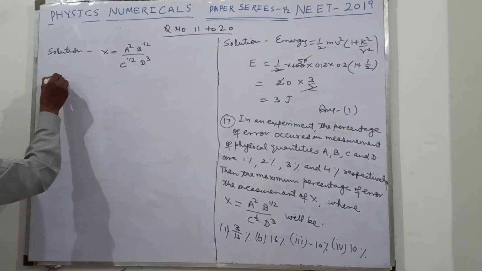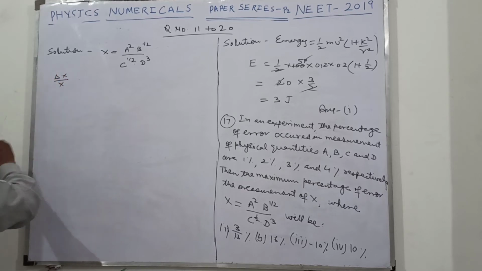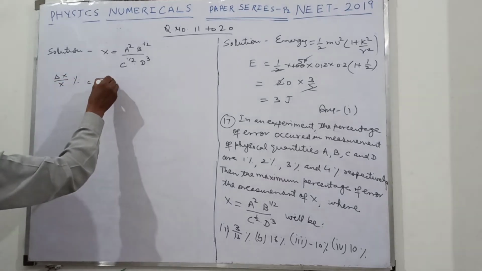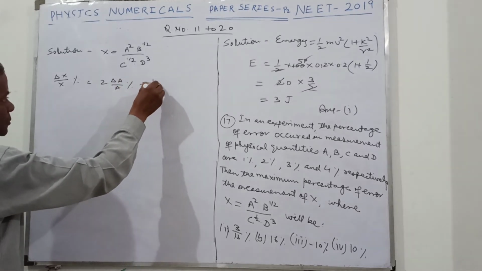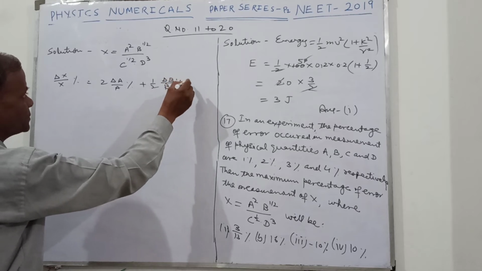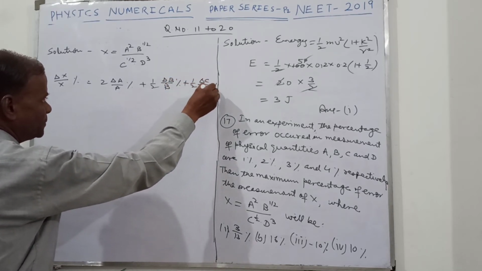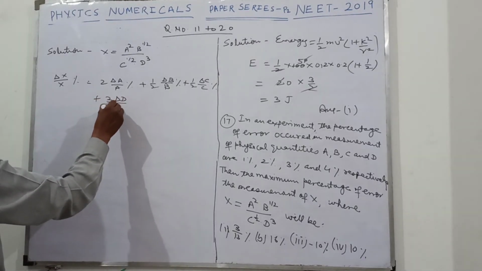So now delta X upon X percent is equal to 2 delta A upon A percent plus 1 by 2 delta B upon B percent plus 1 by 2 delta C upon C percent plus 3 delta D upon D percent.